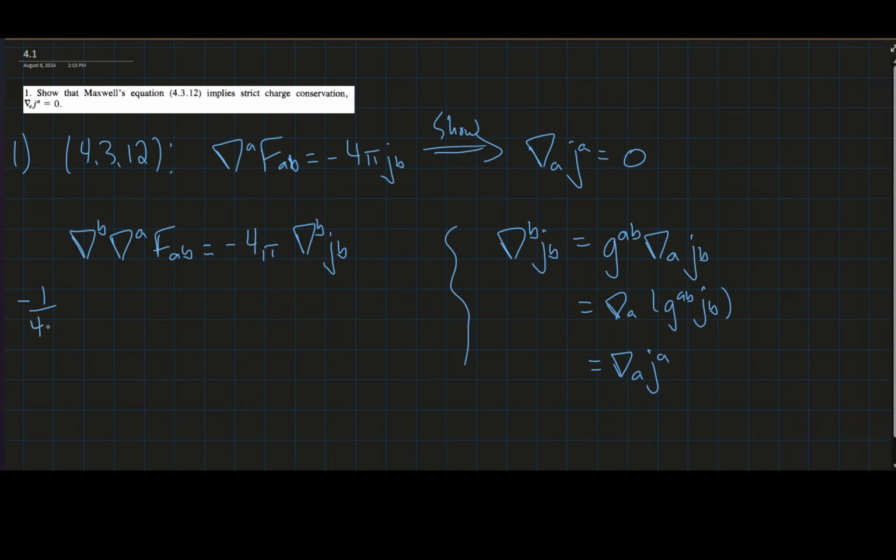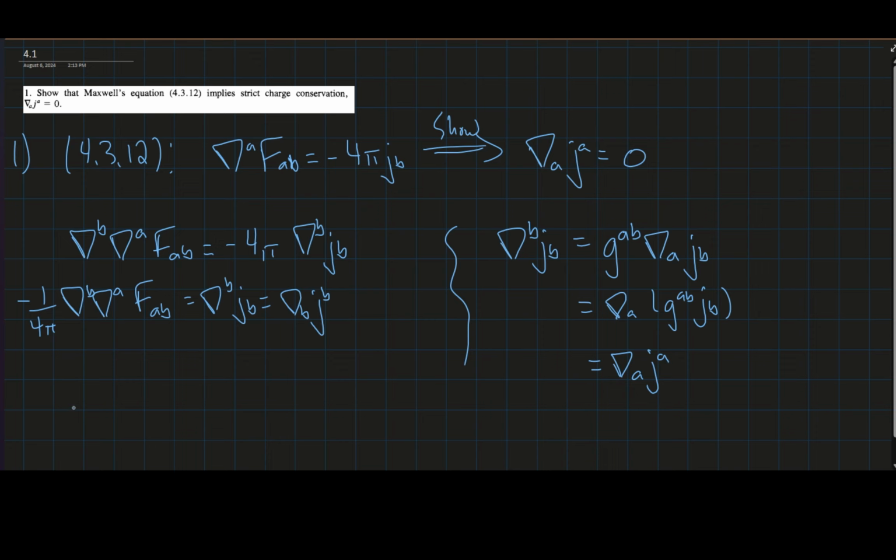We can rewrite this entire equation here like this. Minus 1 over 4 pi times nabla_B nabla_A F^AB is equal to nabla_B J^B, or as we've shown, this is equivalent to nabla_A J^A.